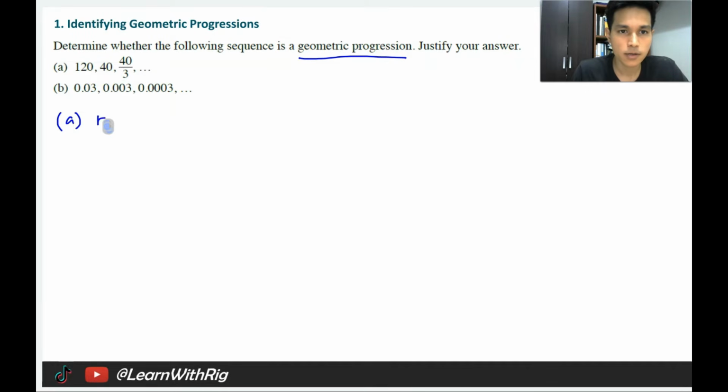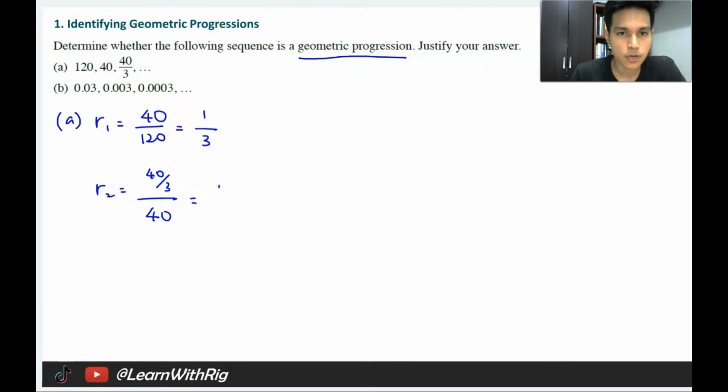So question A, how do you find the common ratio? R1 would be equal to 40 over 120. The answer is 1/3. Okay, what about R2? If I take 40 over 3 divided by 40, the third term divided by the second term, what do I get?